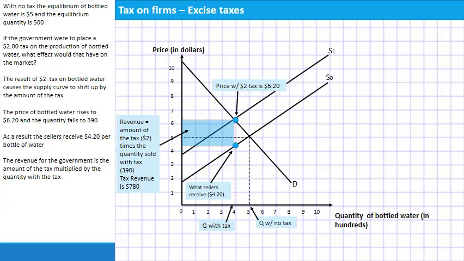So tax revenue is $780. And there's a deadweight loss. There it is in red. Remember the deadweight loss, how this is going to work. Here it is. This is what we're looking at. So we're looking at a deadweight loss of basically 100 times $2. That's what our deadweight loss was.